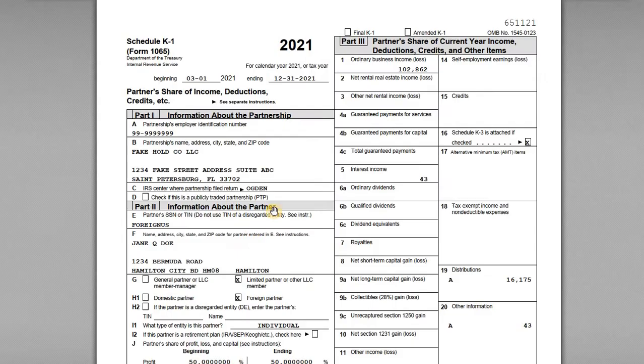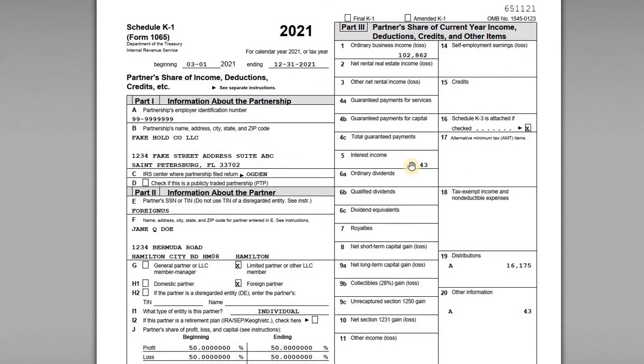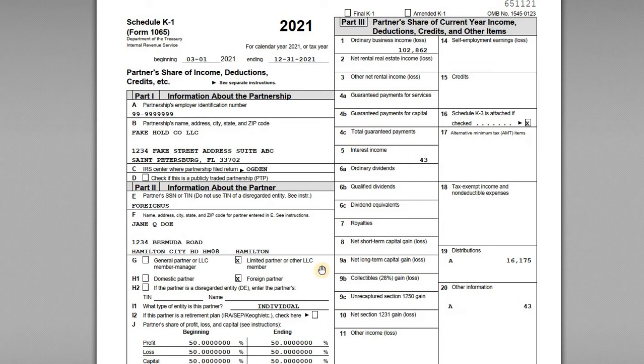So if we look at the K1, I want to run through some of the basics on the K1. We've already touched on it before, but then we'll start looking at the 8805 for Jane and all the elements of the Schedule K2 and see how all these numbers work together. So pretty straightforward K1, right? We've got Jane Doe here. She doesn't have a U.S. tax ID number.